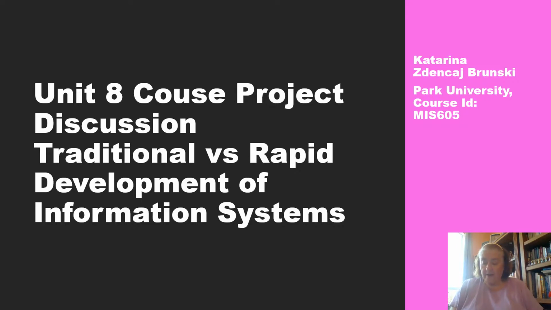This is where the problems are identified, solutions are proposed, and requirements are established. The second phase is where the system is designed, and this is where we would identify and design all of the specifications required for that IS.